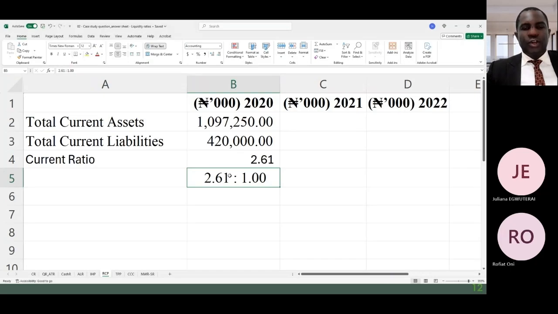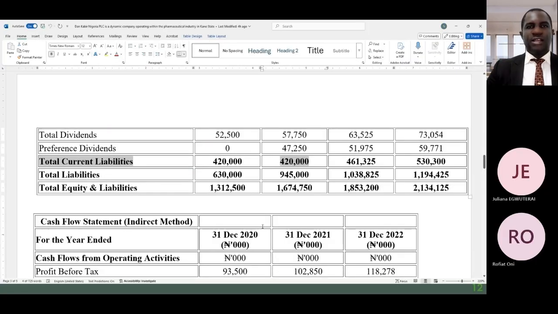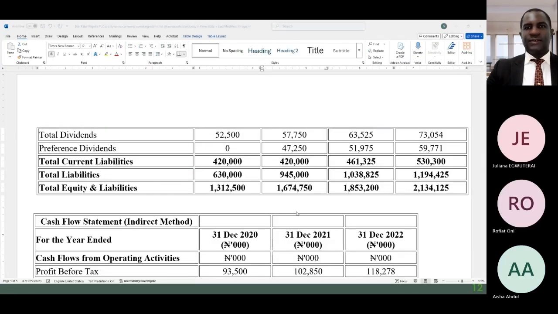It means we have 2.61 times of current assets above our current liabilities, and current liabilities is 1. So 2.61 to 1 is our current ratio, which is sufficient. That means our current assets cover our current liabilities about 2.61 times. Fantastic. So in 2020, their liquidity makes a lot of sense.